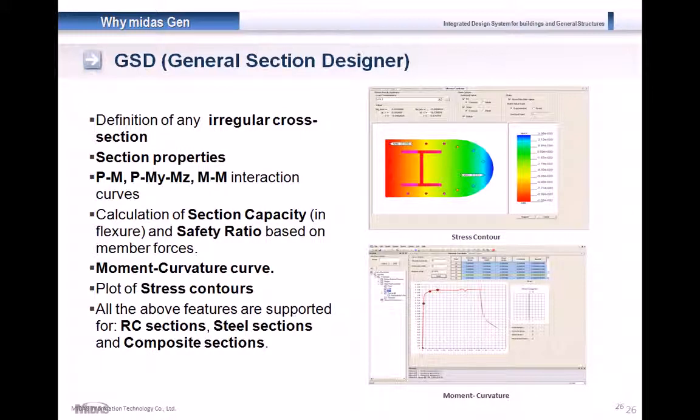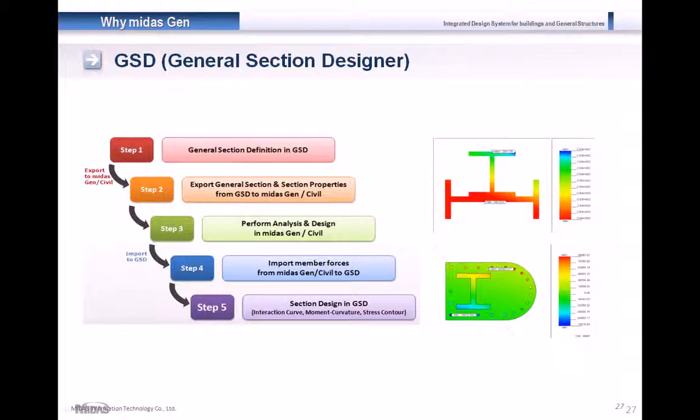Also, calculation of the section capacity and the safety ratio based on the member force is displayed. And it also plots the stress contour for all the cross sections. These steps are used for GSD.